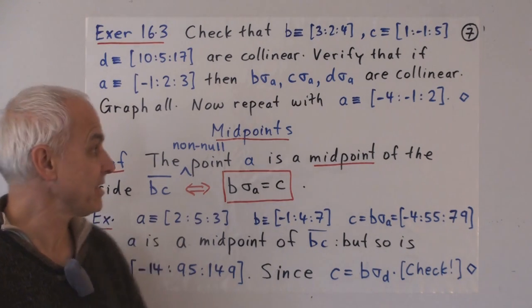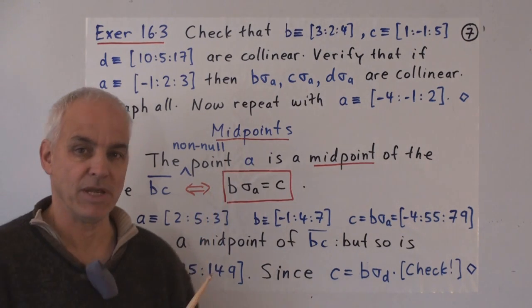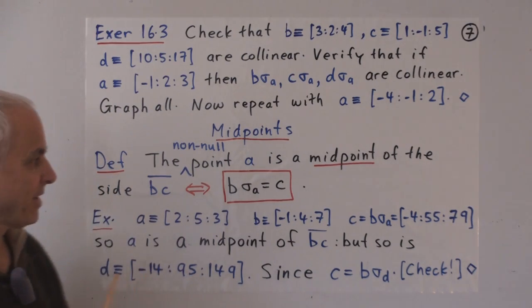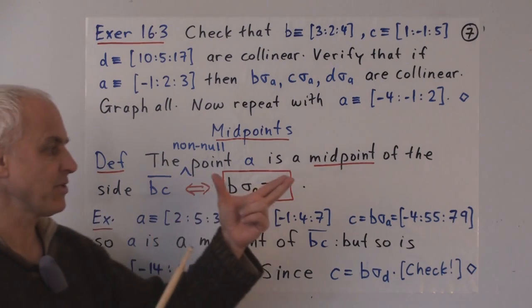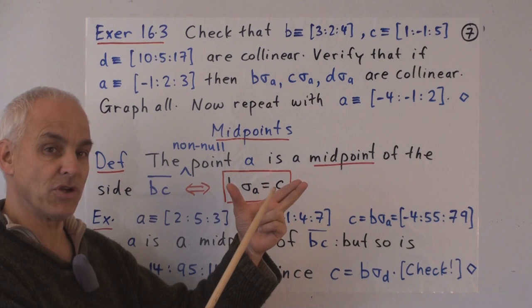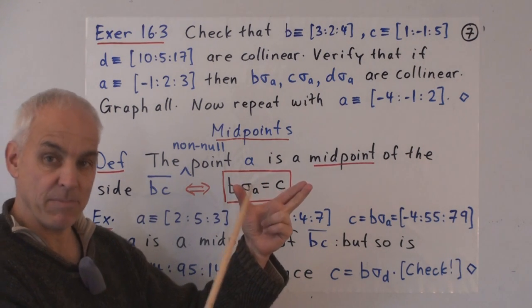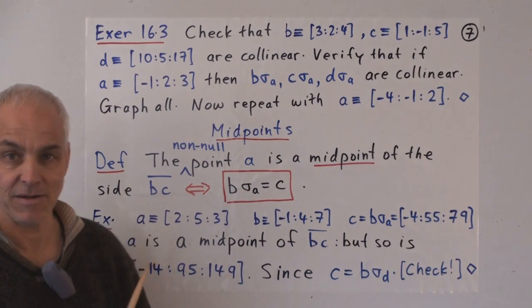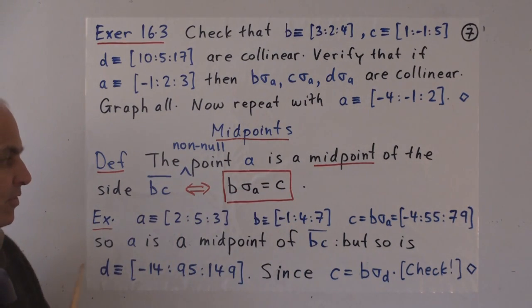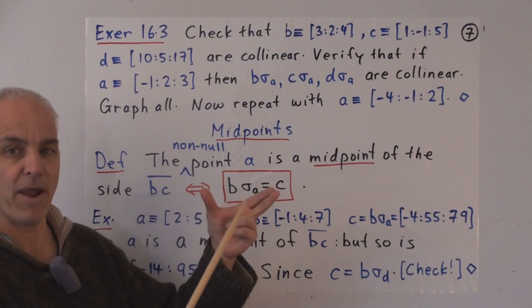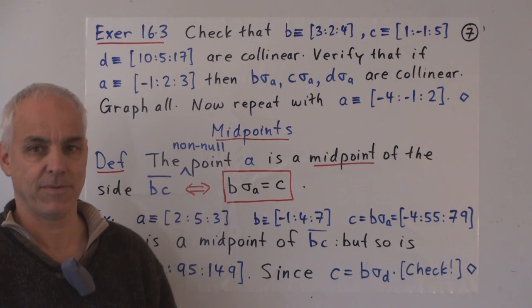Our next concept is the concept of the midpoint between 2 points. If B and C are 2 points, we want to understand this notion of what it means for a point A, say, to be a midpoint of the side BC. We're thinking of something that's like halfway in between in some sense.